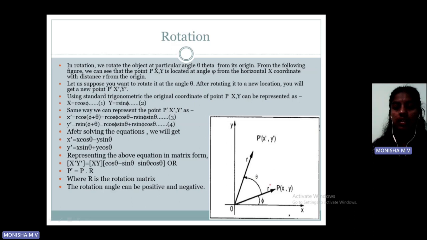This is the distance r. This is the point P with coordinates x and y.